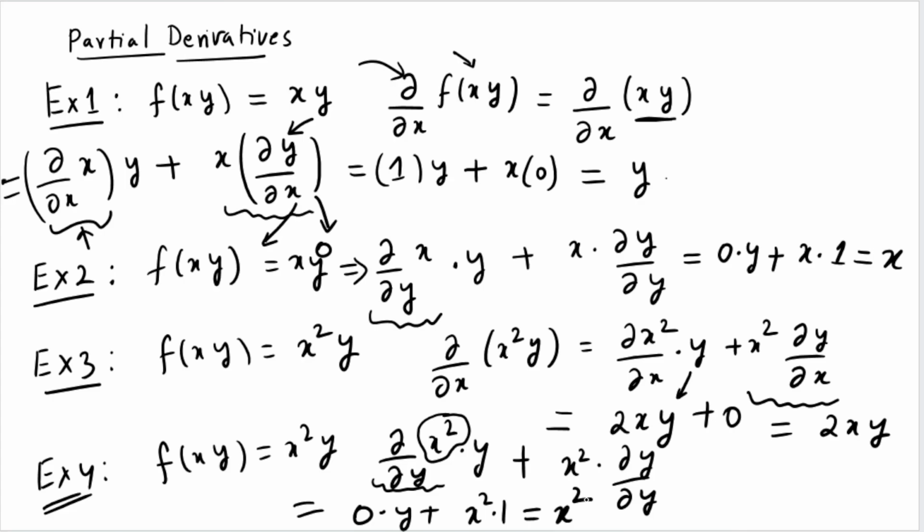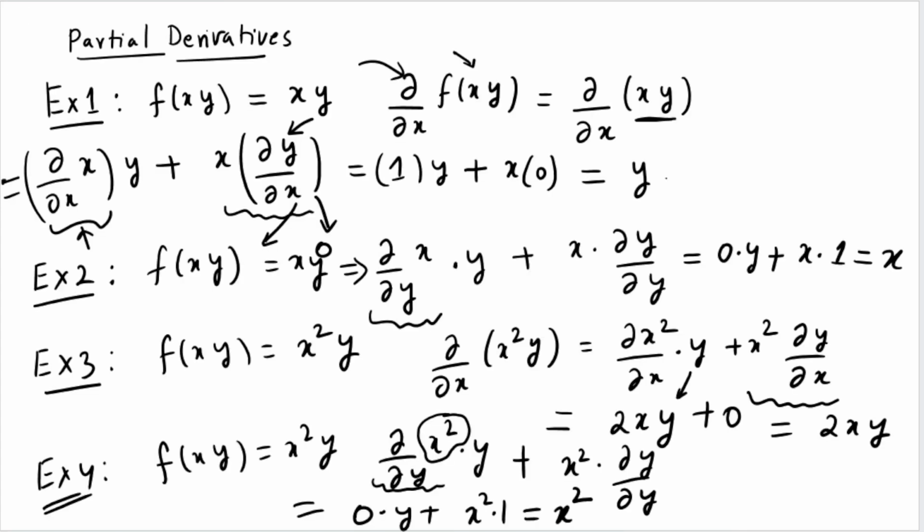Now let us look at some examples wherein three variables are involved. So this is example number 5. Let's start with once again a very simple example, x, y and z. I want to take the derivative of f of x, y, z with respect to x.